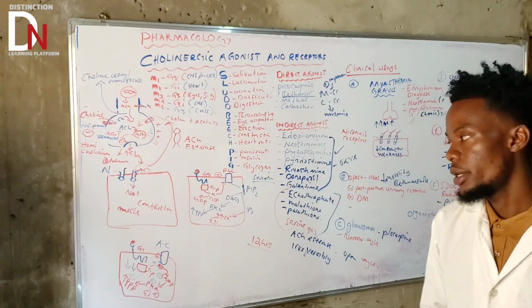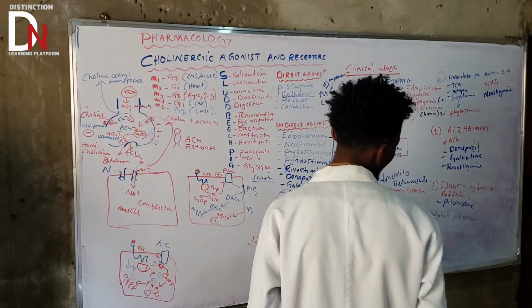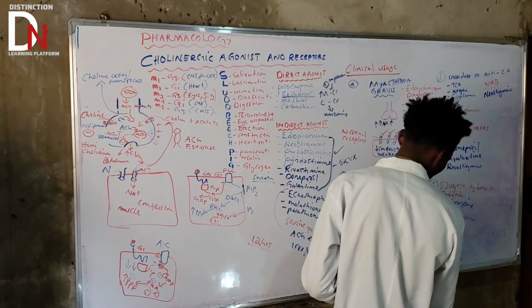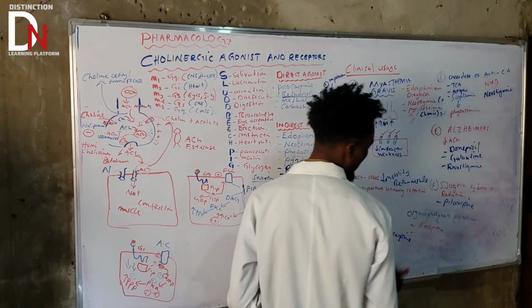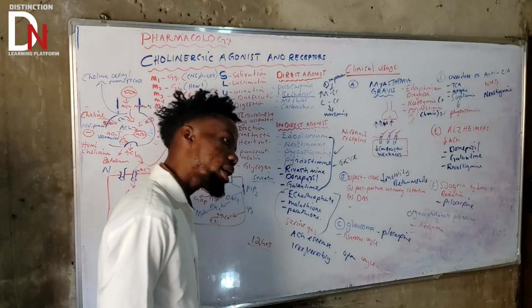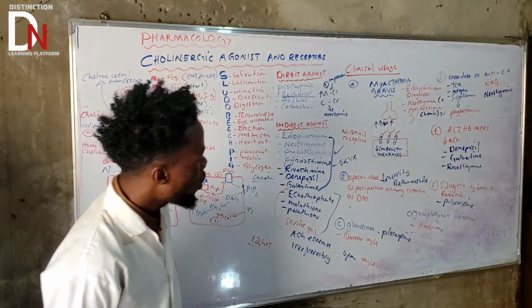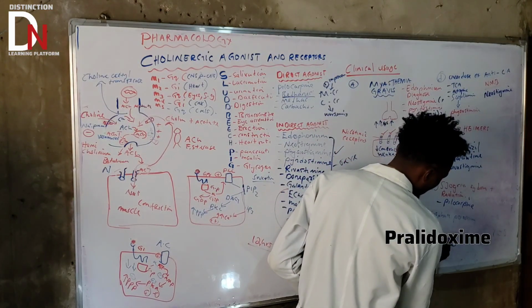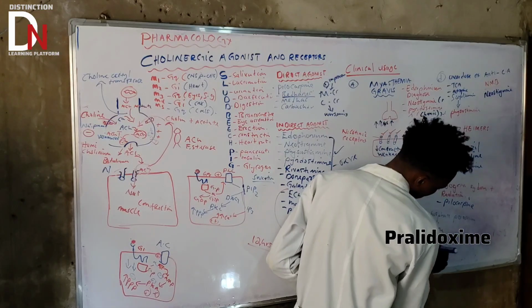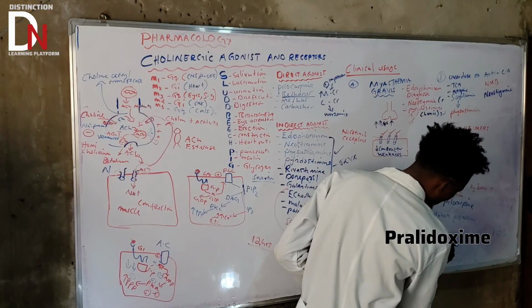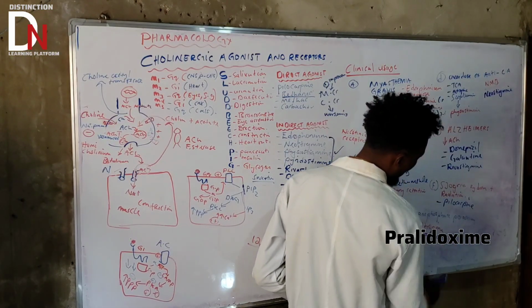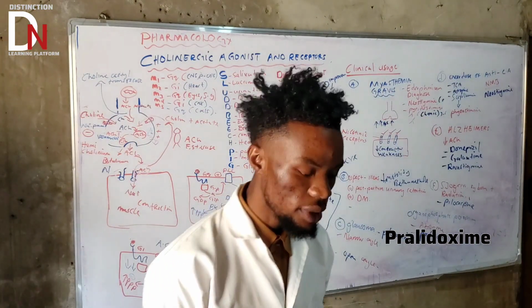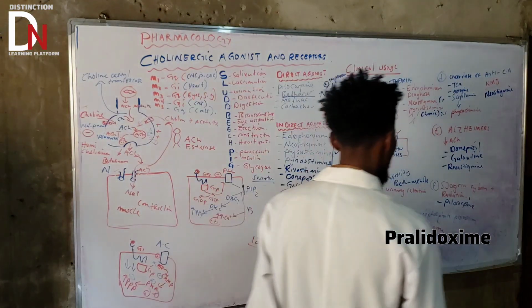So what are the antidotes for organophosphate poisoning? You can give atropine, which you can give anytime. Another one is pralidoxime.